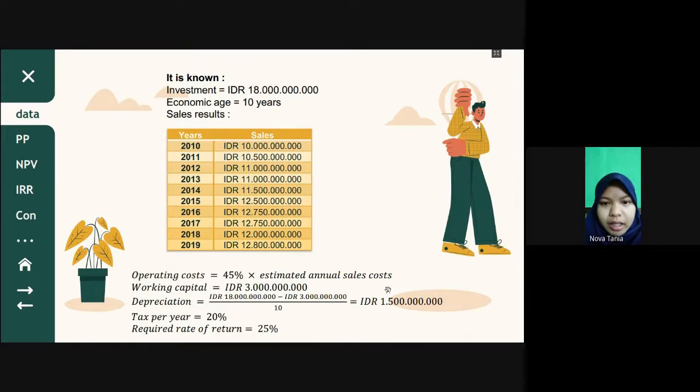Depreciation uses the formula investment minus working capital over the economic age. So the depreciation is 18 billion rupiah minus 3 billion rupiah over 10, and then we have the depreciation is 1,5 billion rupiah. The tax per year is 20%, and the required rate of return is 25%.